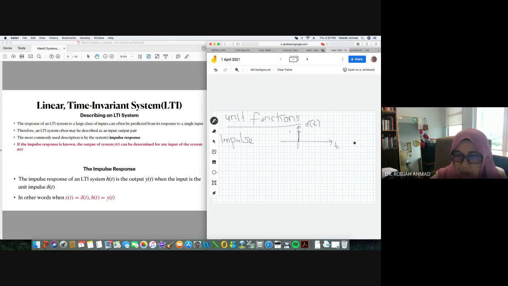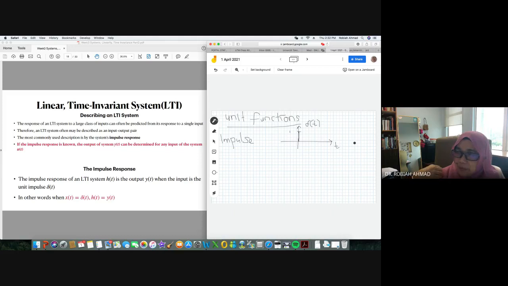Okay. Untuk to understand better in terms of the application or the physical, kita boleh kata impulse ni macam hammer lah. Dung, bila kita letak vibration, kita ketuk, and then we want to look at the response in terms of vibration, for example.